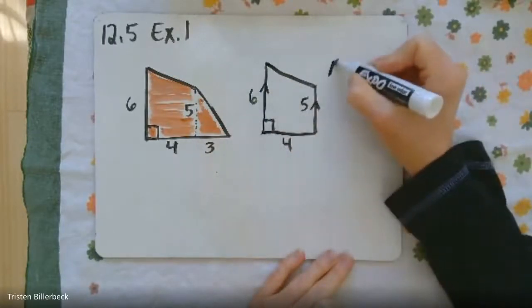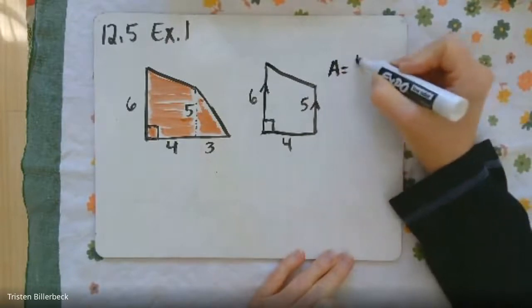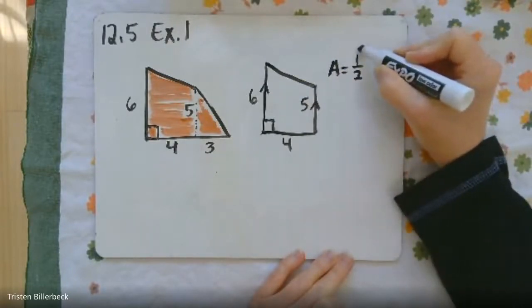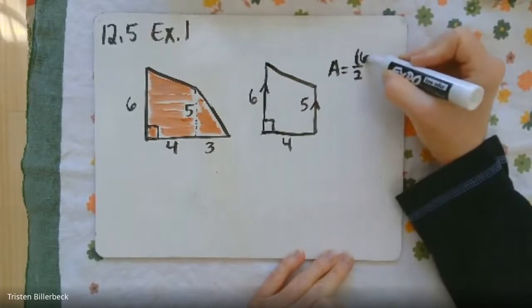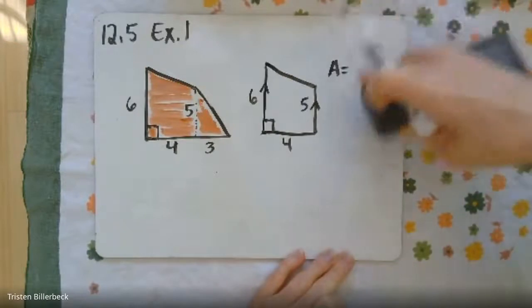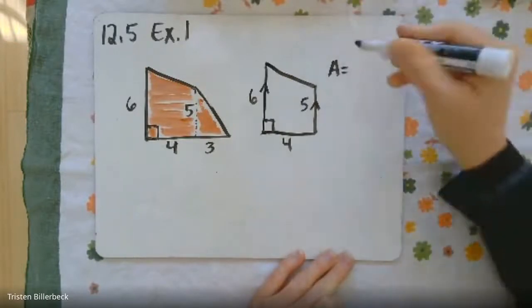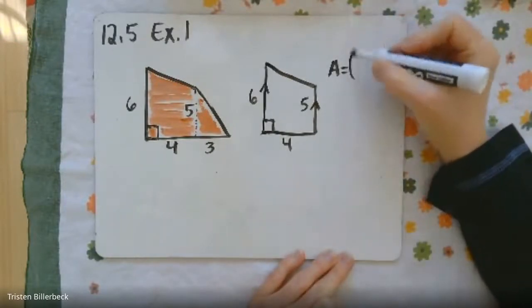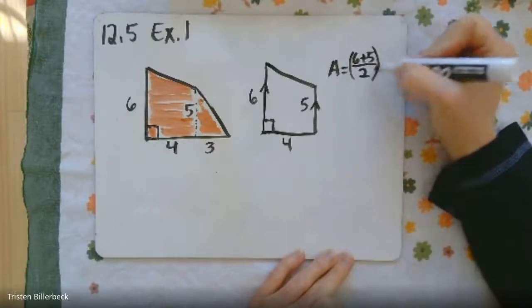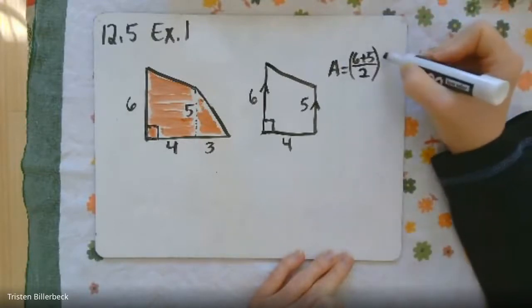To find the area of this, we're going to take 1/2 and the average of 6. Let me write this better as average, because I want you to get that in your head, that we're doing the average of the bases, and then you won't ever forget how to get the area of a trapezoid. So that's the average base times the height.